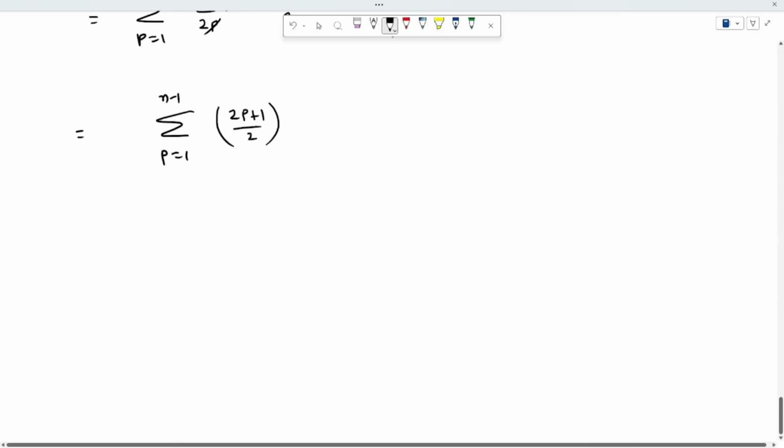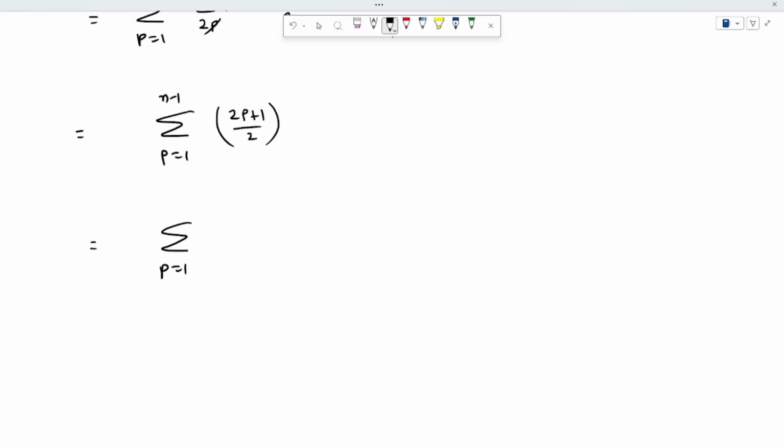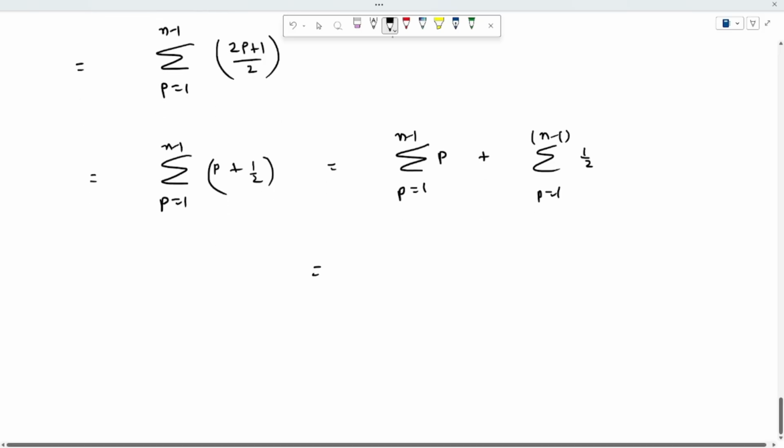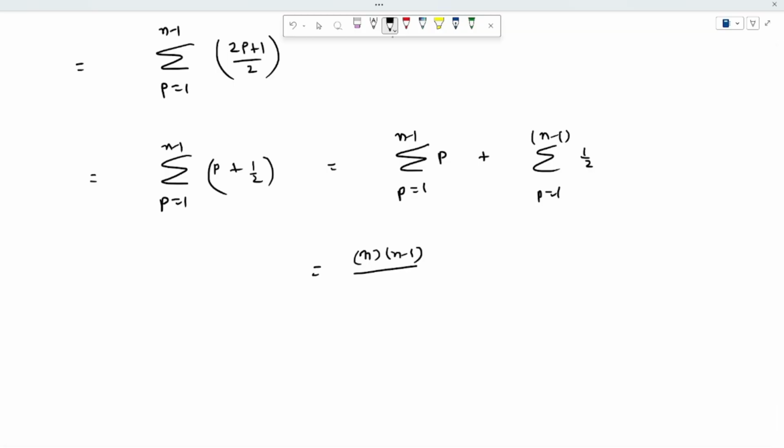Or can we write this as the sum over p equals 1 to n minus 1 of p plus 1 by 2. Now we just separate these out. The sum of p from 1 to n minus 1, plus 1 by 2 summed from p equals 1 to n minus 1. The first is the sum of n minus 1 terms, n times n minus 1 divided by 2.